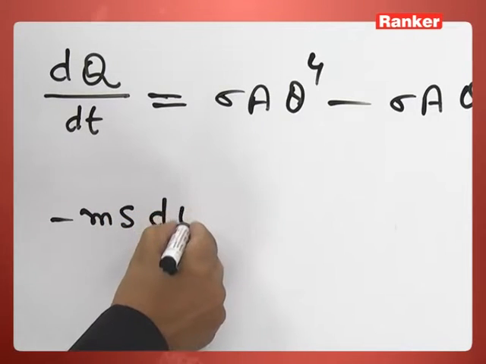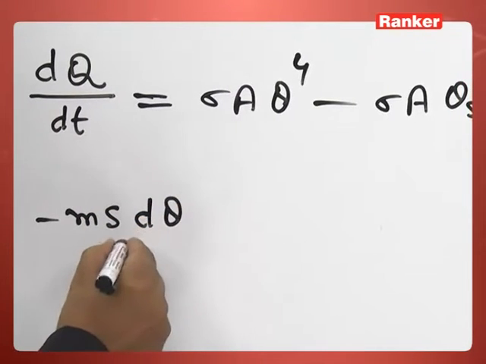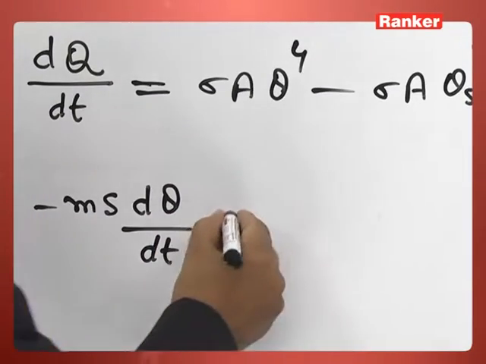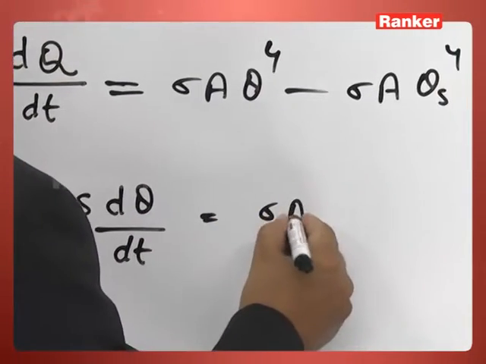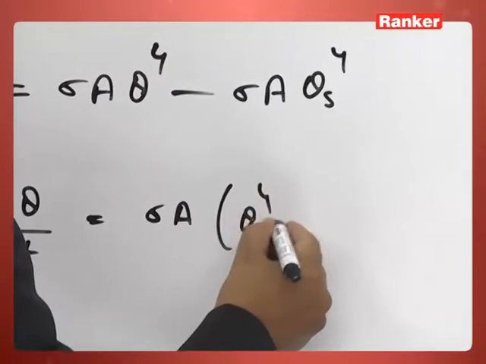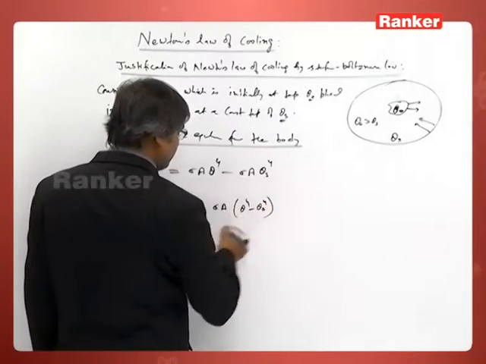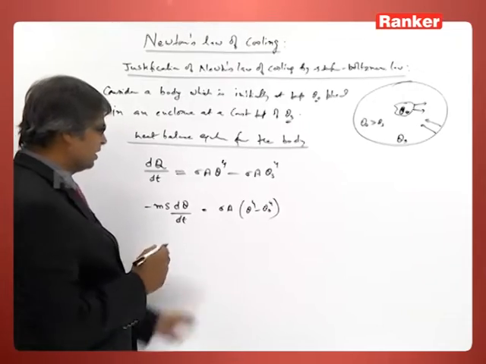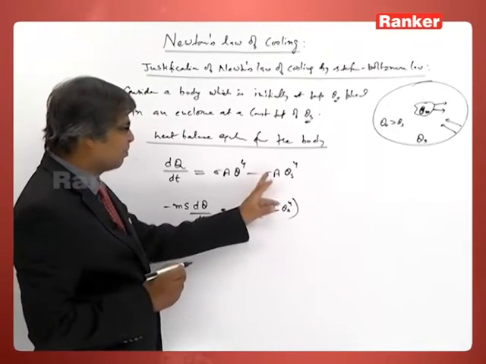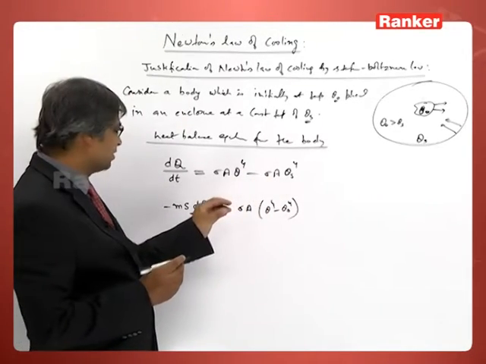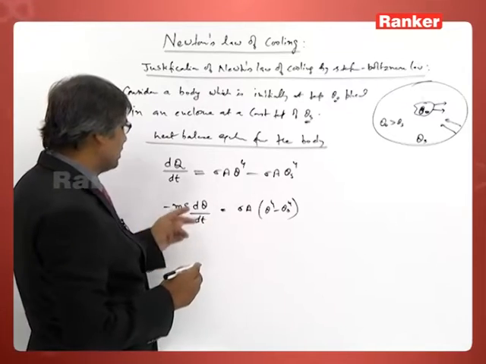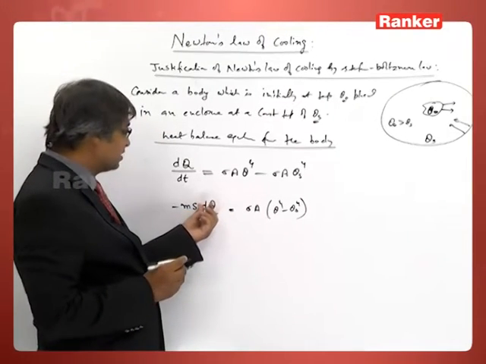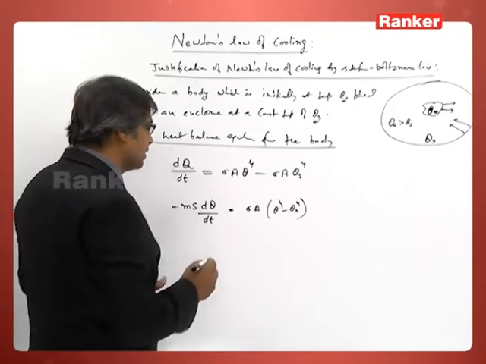Suppose decrement in temperature is denoted by d theta, and this will be sigma A theta to the power 4 minus theta s to the power 4. Now, let us denote the excess temperature to be theta. So, we can also write the difference in that will be also theta.